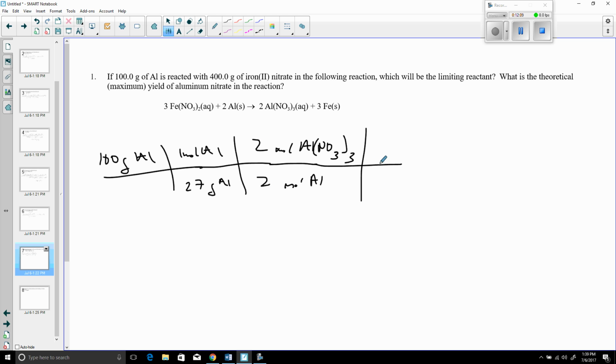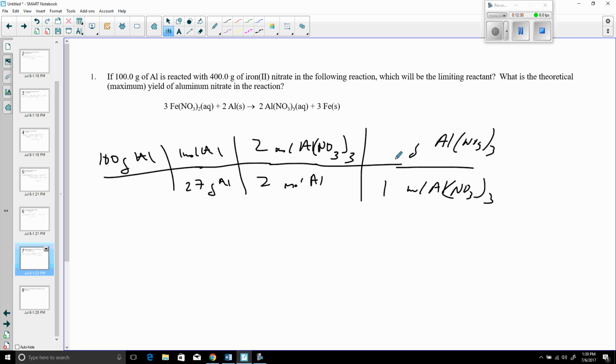So now we just need to know the molar mass of aluminum nitrate. So moles of aluminum nitrate is equal to grams of aluminum nitrate. So 1 mole, and I'll give you the molar mass of aluminum nitrate.